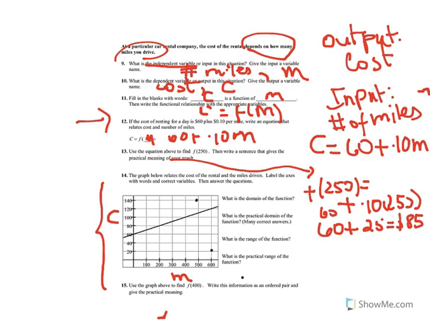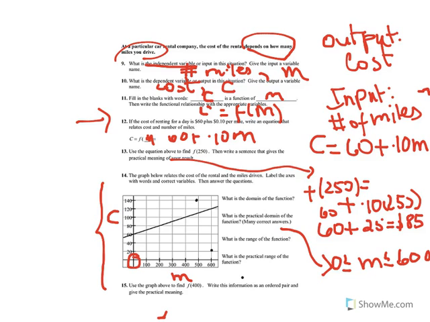But if we're talking about the practical domain in this particular example, I'm going to say that my practical domain for my input, which is miles, could be numbers between 0 and 600, just thinking that that's the number of miles that I can drive in a particular time.